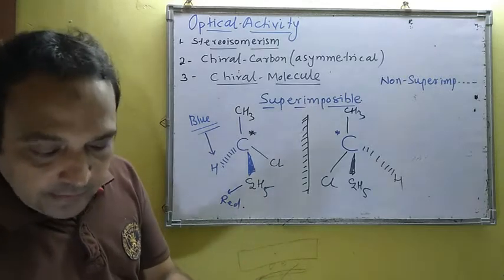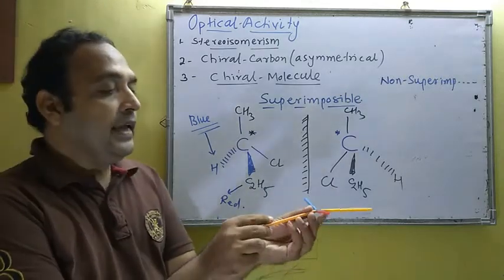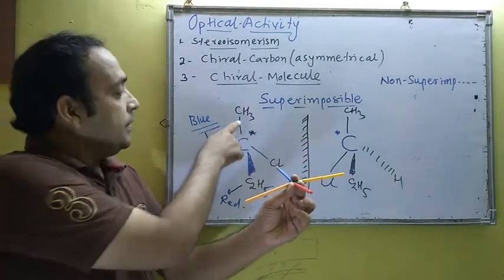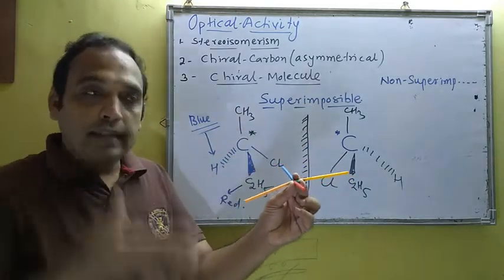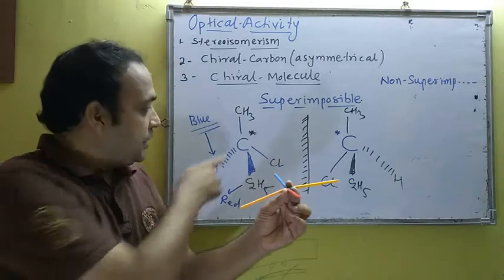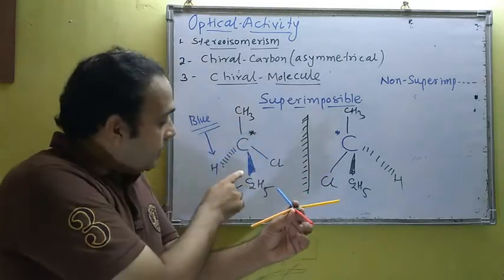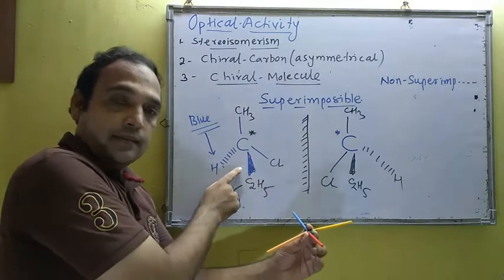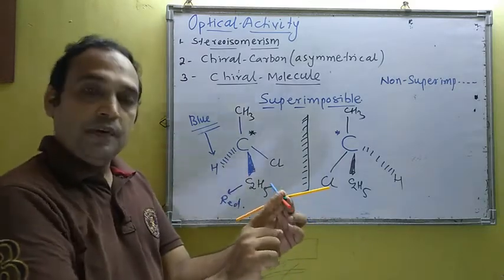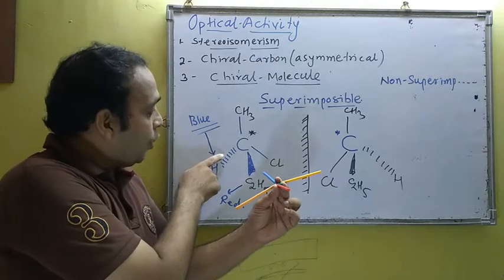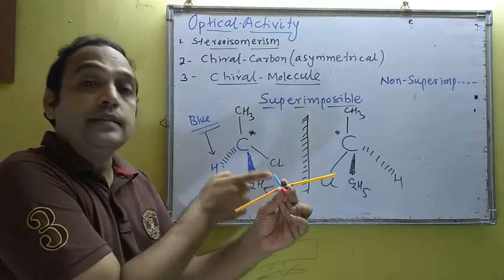When you see this structure, these two yellow colored are normal bonds, that is in the plane. Now this thick line is the front side, and the broken bond, dotted line, that is the blue color, is the back side.